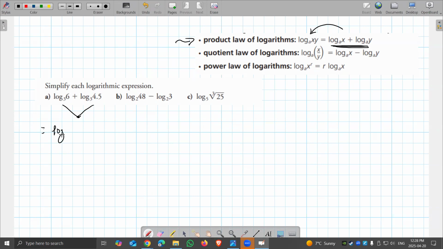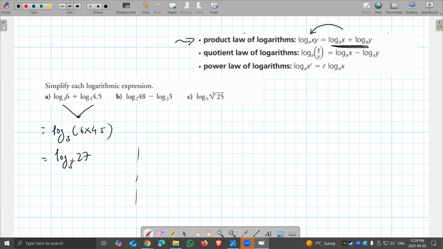Multiply, divide, or what? They're being added, right? You're going to use the product law. You're going to multiply them together. So before you had two logs, now you only have one log. So then it becomes log base 3 of 27.